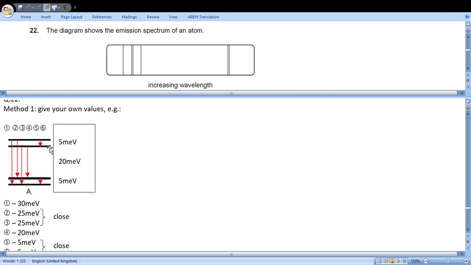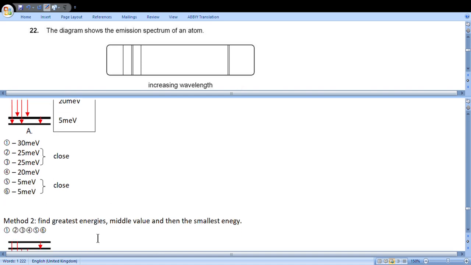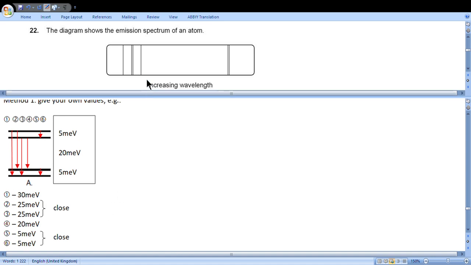For example, these are approximately equal, 5, 5, 20. As a result, you have the following possible emission transitions down, and you see that some values are close, and this gives us the picture.